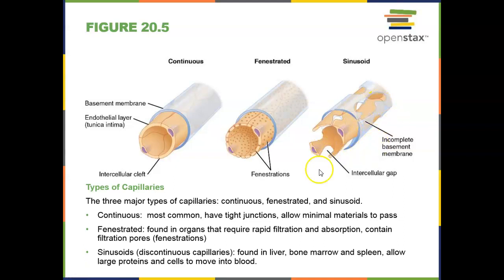We find these capillaries in our liver, where we're going to have diffusion into the liver from our intestines, all of the nutrients that were taken in from the body, and then diffusion of materials from the liver into the blood, like our albumins, our clotting proteins. So we need to have large enough regions where large proteins can escape.